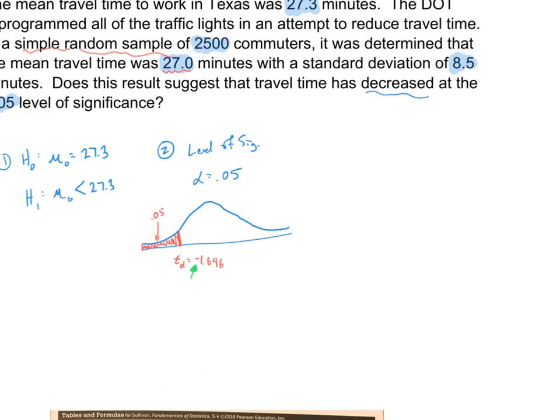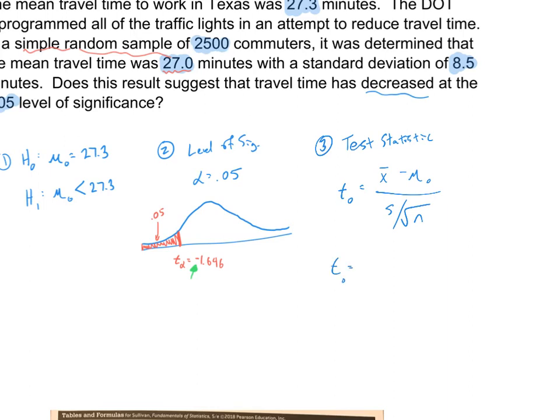All right, moving on to step 3, my test statistic. For that I need the formula. T naught is equal to x bar minus mu naught over s over radical n.